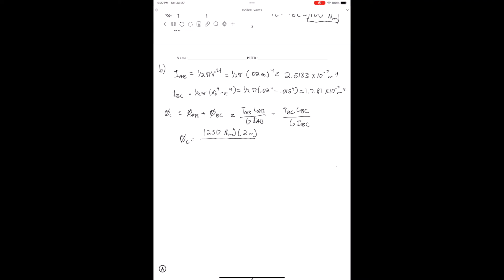And again, I'm just putting everything in their singular units, so I don't have to worry about things canceling out weirdly.